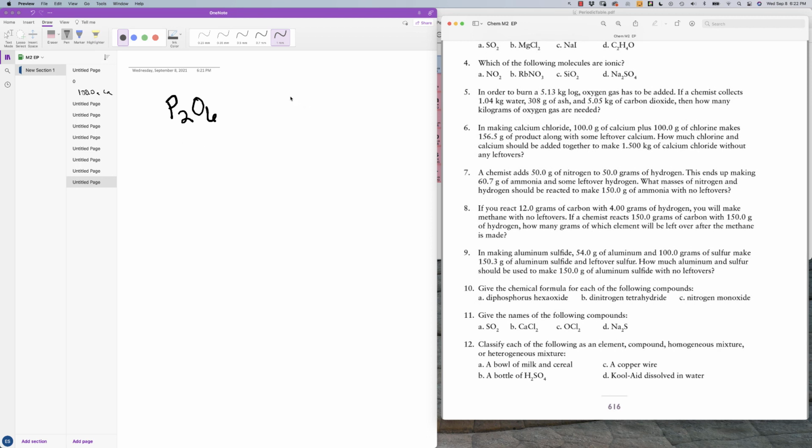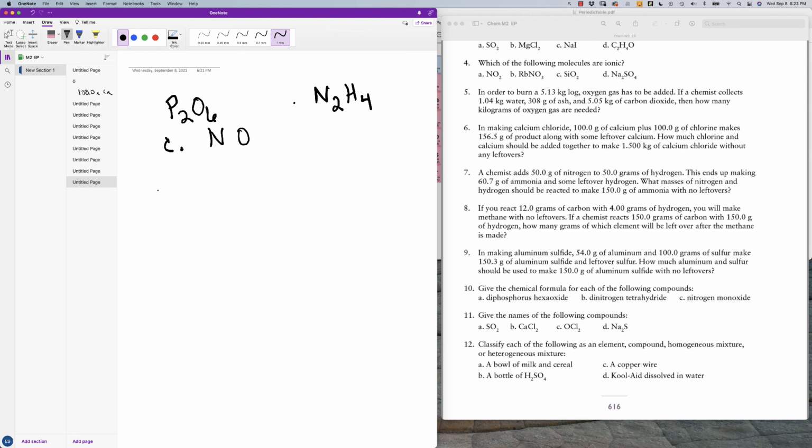So for B, we have 2 nitrogen and tetrahydride, 4 hydrogen. There you go, N2H4. And for C, we have nitrogen monoxide. There's nothing in the front, so that means there's only 1 nitrogen. And mono meaning 1 oxygen, NO, nitrogen monoxide.